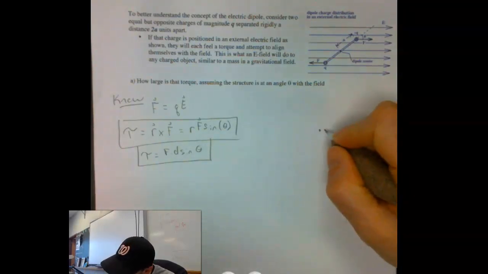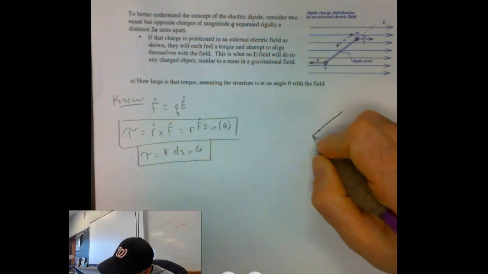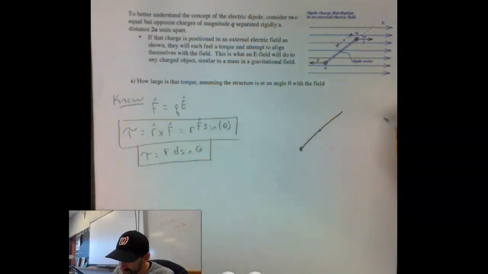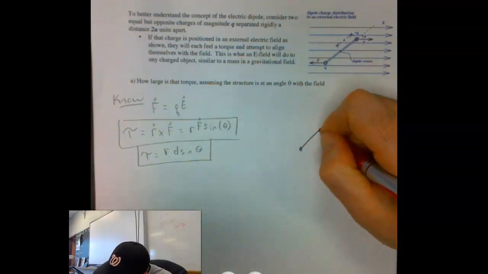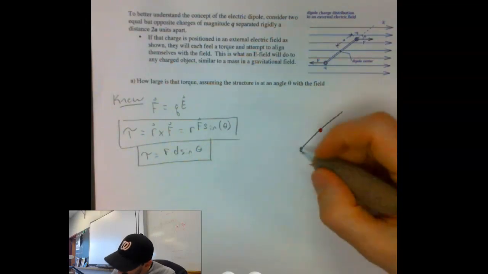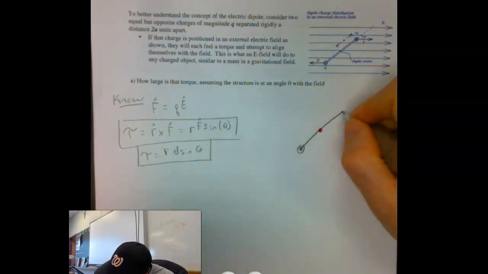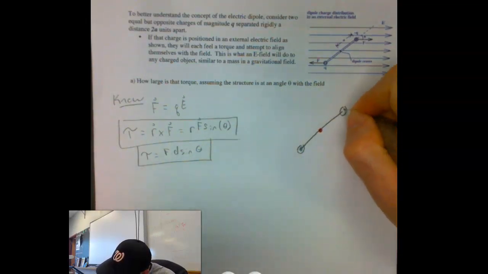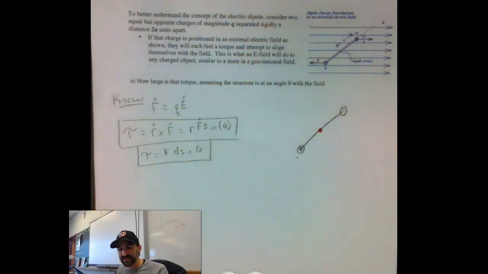I'm going to try and draw it out, maybe just for some simplicity. I'll put something there, I'll put something there. I know that guy is positive, I know that guy is negative.